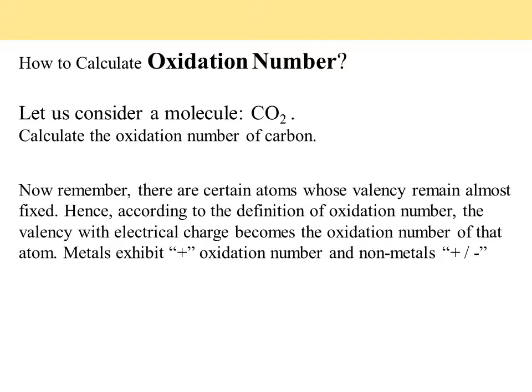What's being mentioned over here? Remember, there are certain atoms whose valency remains almost fixed. Hence, according to the definition of oxidation number, the valency with electrical charge becomes the oxidation number of that atom. Hence, the oxidation number will also remain fixed, right?